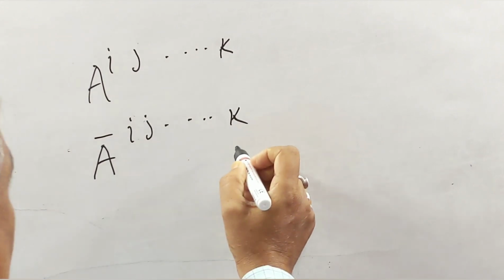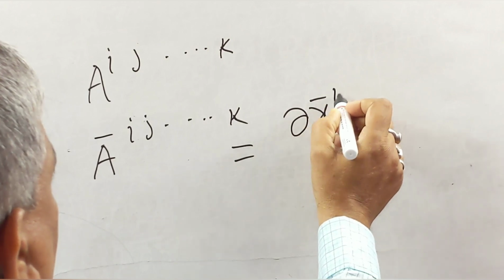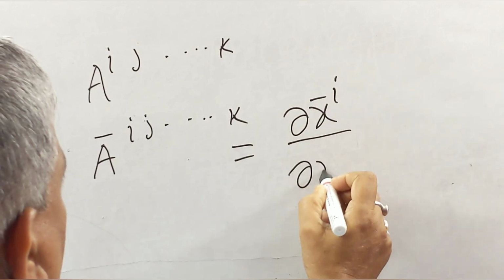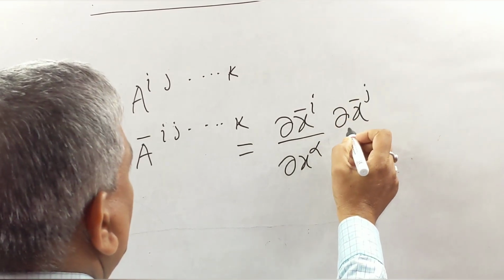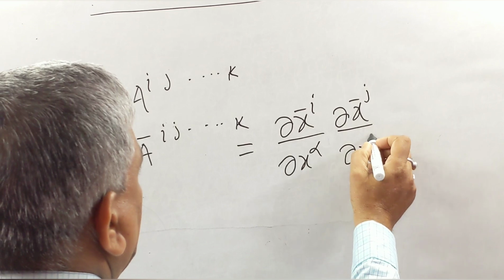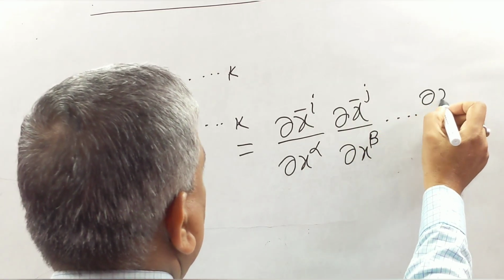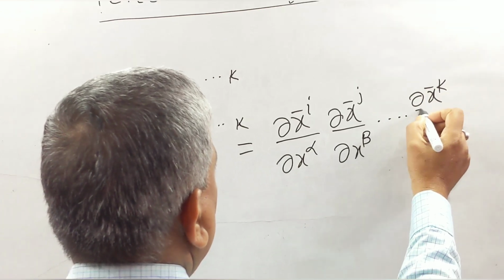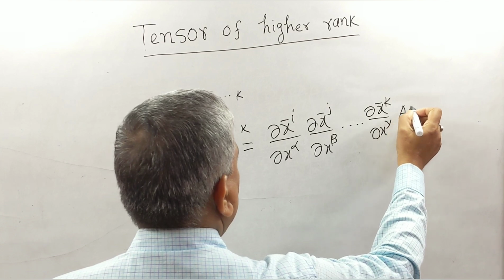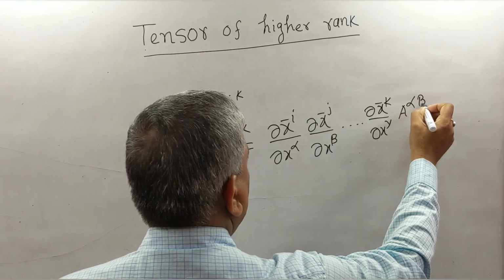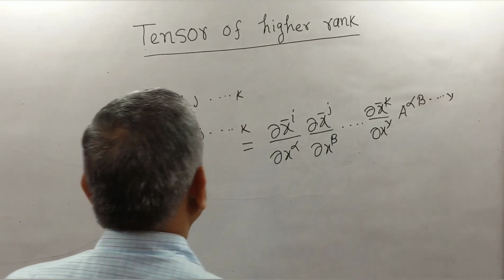According to the tensor law of transformation, del x bar i by del x alpha, del x bar j by del x beta, dot dot dot, del x bar k by del x gamma, a alpha beta dot dot dot gamma.